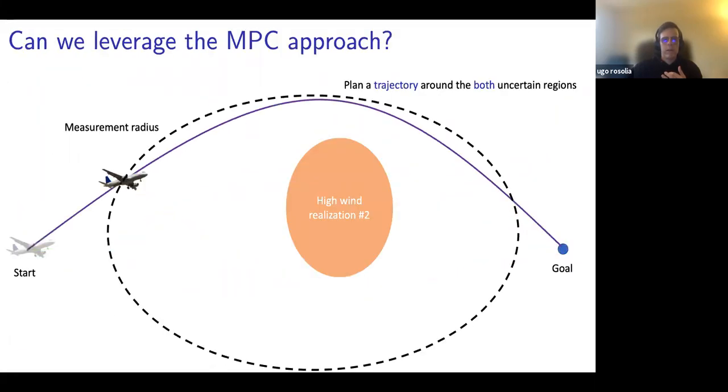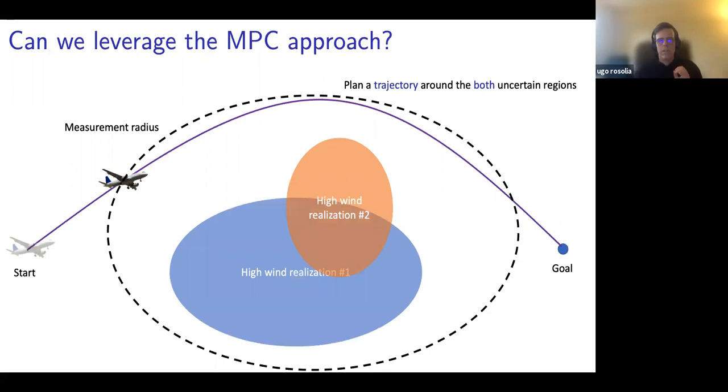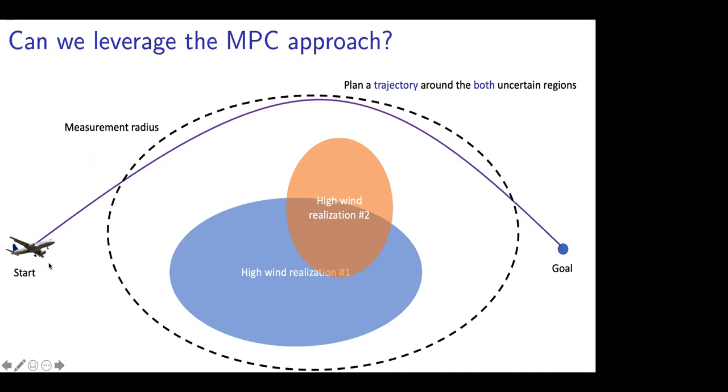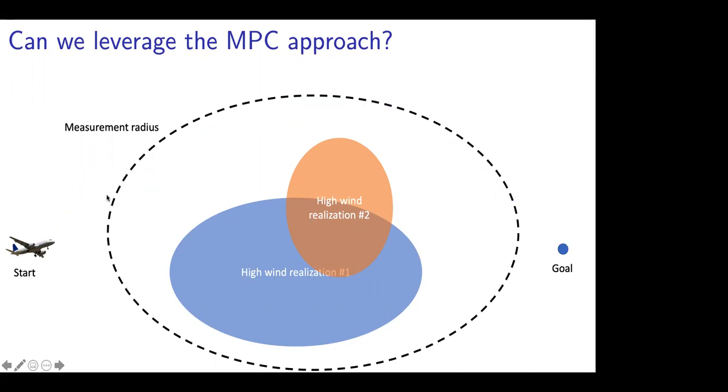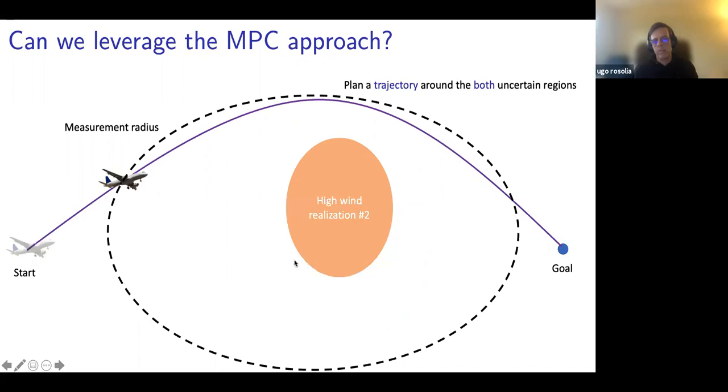If you are here at the starting point and you know that there's going to be wind either in this part of the state space or this part of the state space, and you want to plan a trajectory that is robust, you're going to go around, right? But when you apply this in closed loop, you're going to get here and realize that the wind is actually only in region number 2.